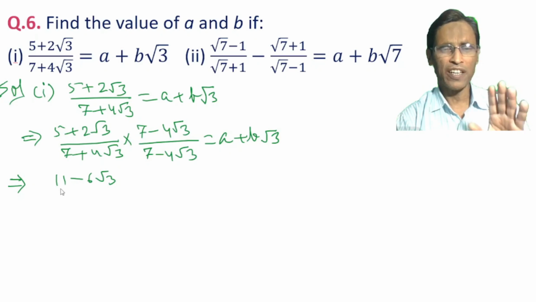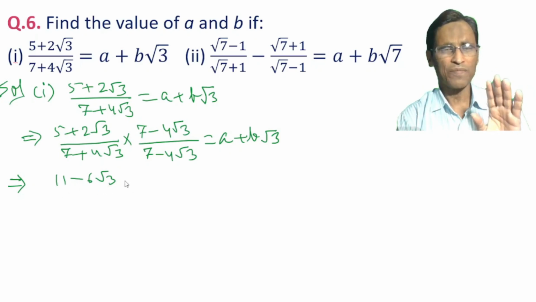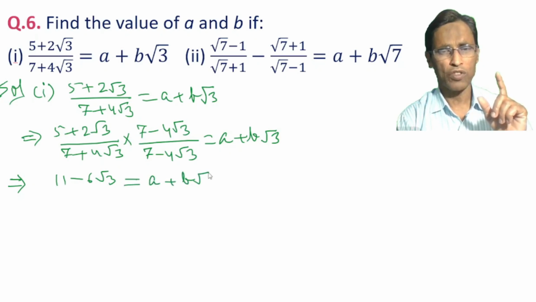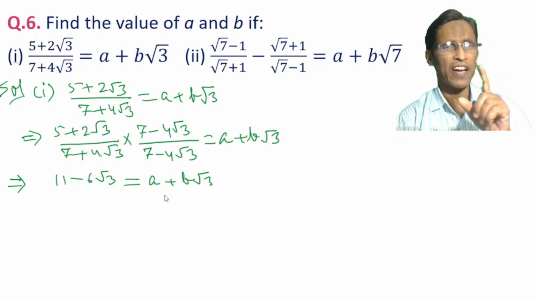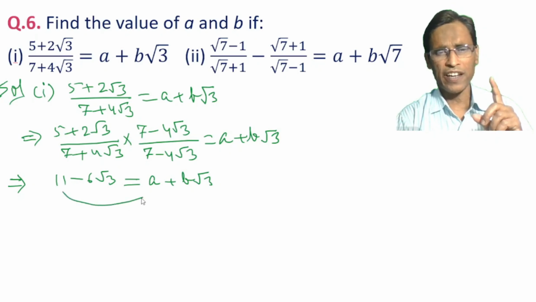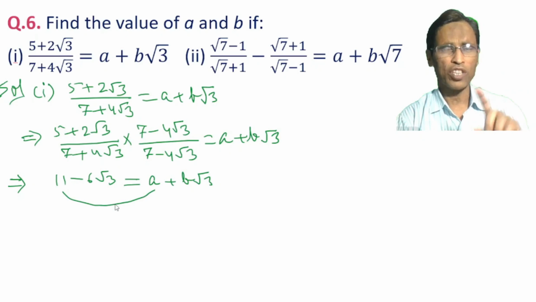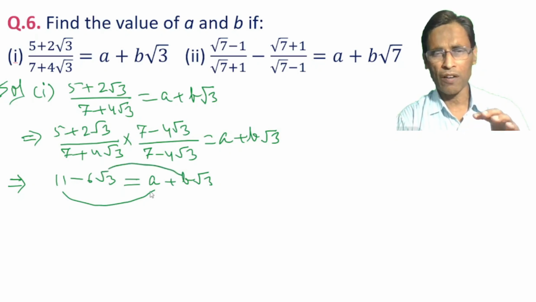So we write only 11 minus 6 root 3 in the LHS part, and in the RHS part a plus b root 3. Clearly, this equation involves rational and irrational parts. Whenever we come across such an equation, we equate the rational part with rational part and irrational part with irrational part. Since 11 in LHS and a in RHS are rational, they will be equal, and 6 root 3 and b root 3 are irrational, so they will be equal.